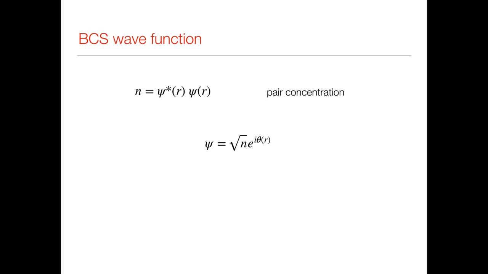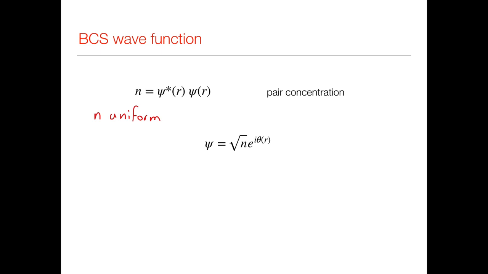Now, if we make the assumption that n is uniform, so let's imagine that we've got a uniform concentration of Cooper pairs in the material, it seems a reasonable first approximation to make in a metal. Then we can write down the wave function.